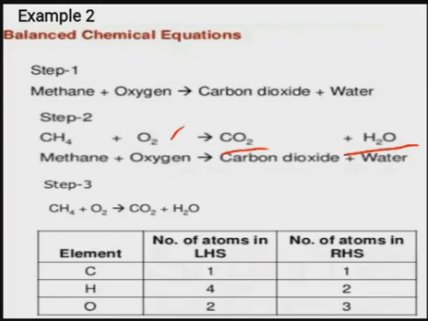In the third step we will write the number of atoms on the left-hand side and the right-hand side of the equation. First we will write the elements. What elements do we have? Carbon, first element; second element is hydrogen; and the third element is oxygen.